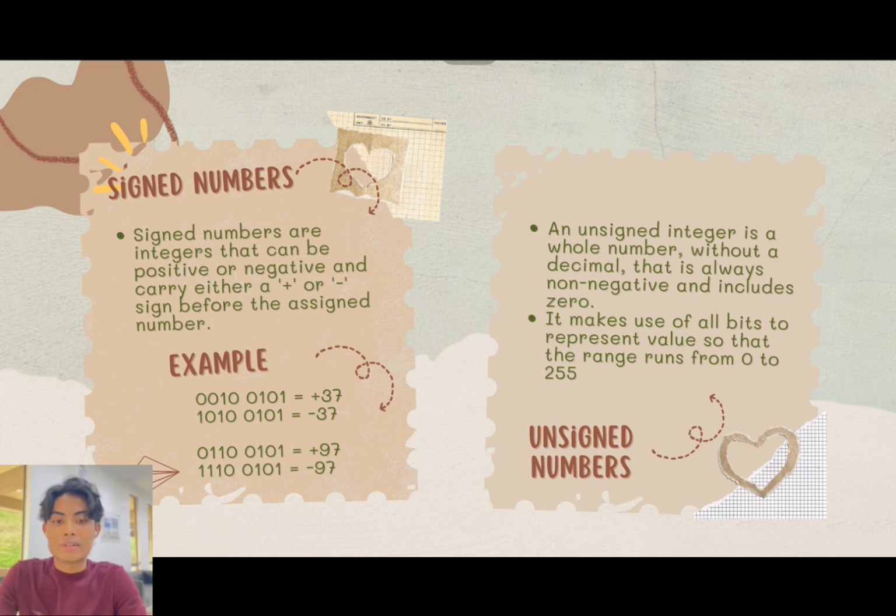It makes use of all bits to represent values in the range of 0 to 255. So for example, for this, 0 at the front means positive, and if you change the 0 to 1 it means negative. Same goes for this, right?